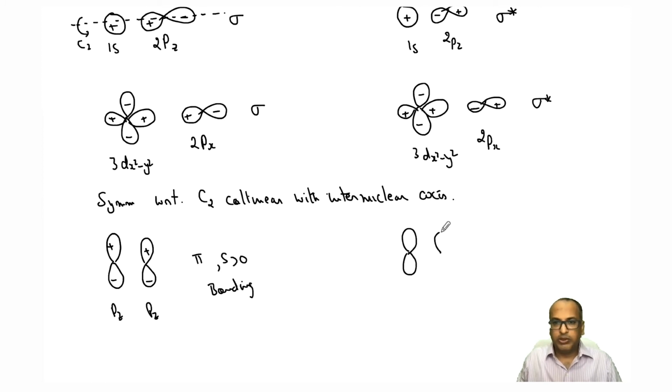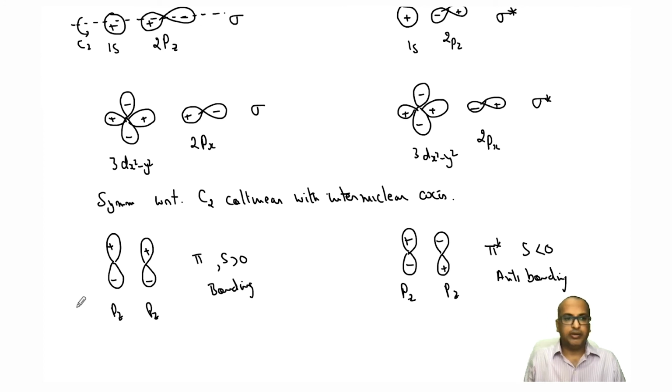Now if you have opposite phases of the two orbitals interacting, then you have positive, negative, negative, positive. This will be called pi star. S will be less than 0, this will be antibonding, right?